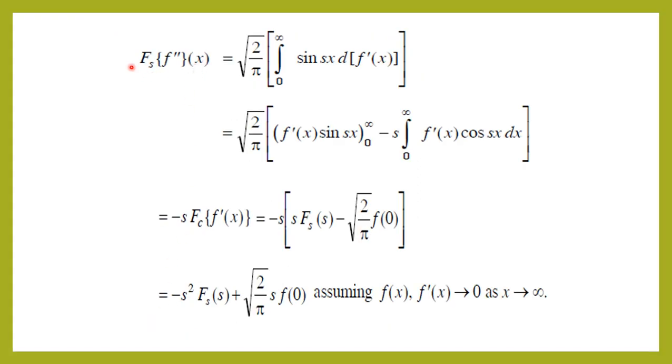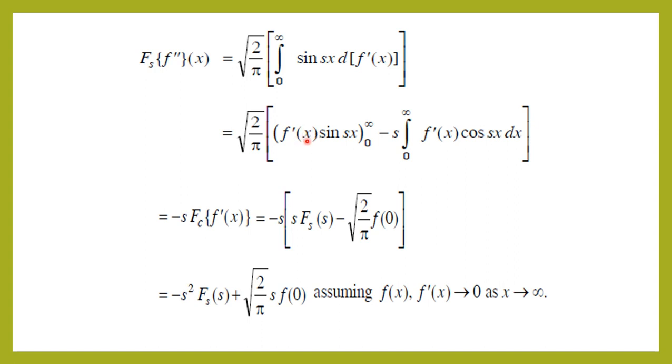Similarly, for the Fourier sine transform of f''(x), that is the second order derivative of f(x), it is equal to root 2 by pi integration from 0 to infinity of sin sx d of f'(x). This is written for f''(x) dx, that is d f'(x), and now integrating it by parts, that's equal to root 2 by pi [f'(x) sin sx] from 0 to infinity minus the integral of f'(x) times the derivative of sin sx, which is s cos sx, that is minus s integral from 0 to infinity of f'(x) cos sx dx.